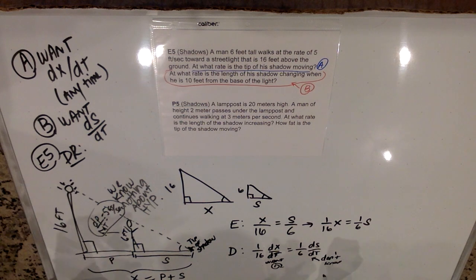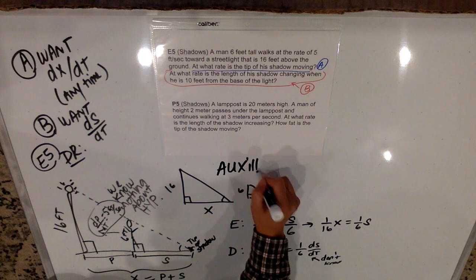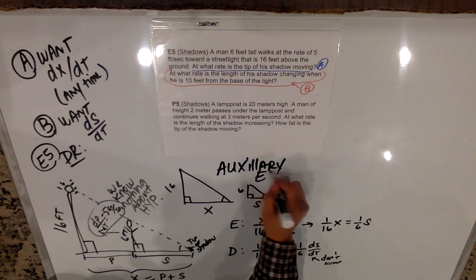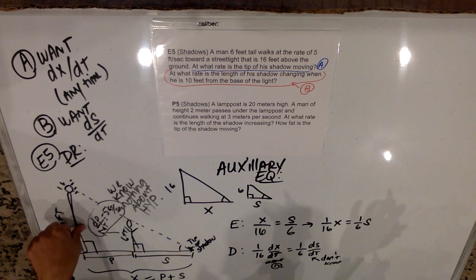So in order to answer this question, we actually need to use what we call an auxiliary equation. An auxiliary equation is a different equation that might help us essentially relate quantities we actually know, like dp dt, to quantities that we have.